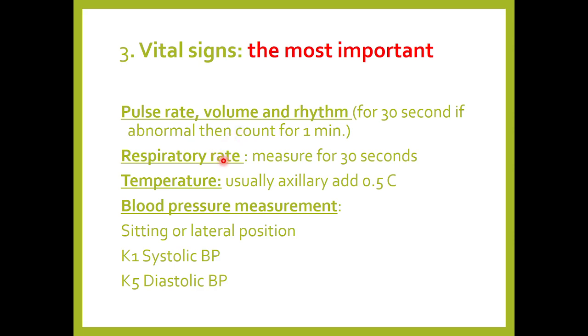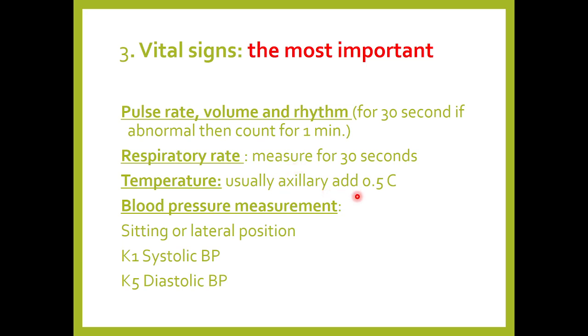What about the respiratory rate? You measure for 30 seconds. While you are still holding the wrist, you measure the respiratory rate, so you will count for another 30 seconds and then multiply by 2. What about the temperature?